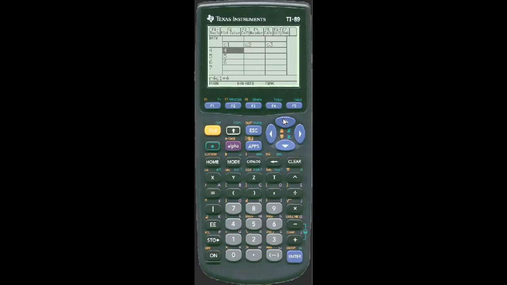Now I'm going to enter Y coordinates, 23, 433. Enter, second one.